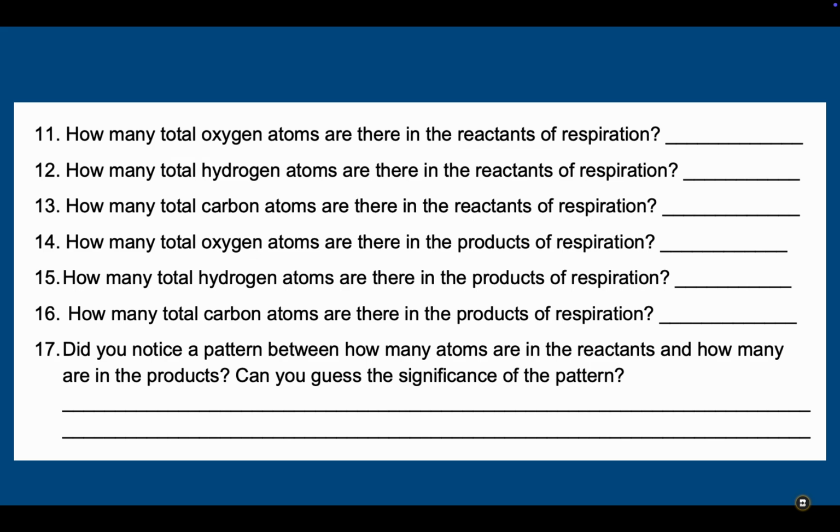Numbers 11, 12, 13, 14, 15, 16 are going to ask you to take a look at the type of atoms and the number of atoms that were in the reactants of respiration. So this looks very similar to what we did on page 2, number 3, 4, 5, 6, 7, 8.